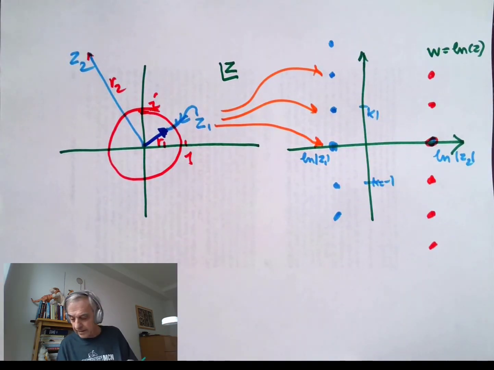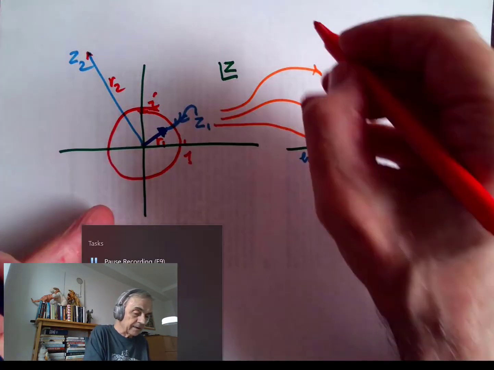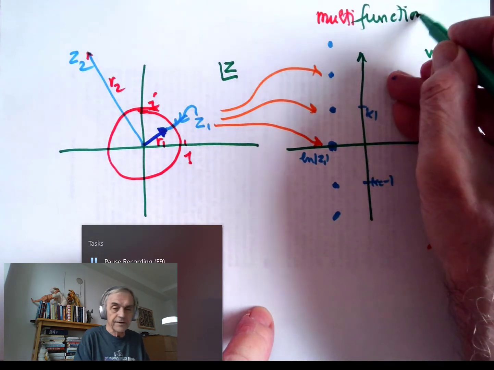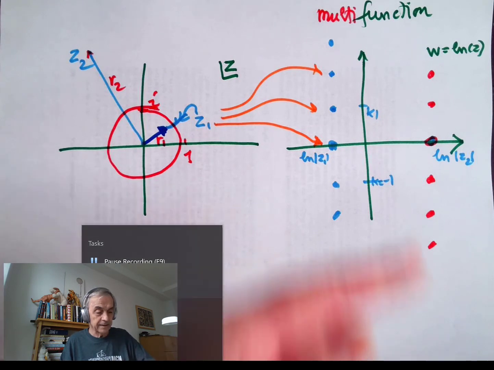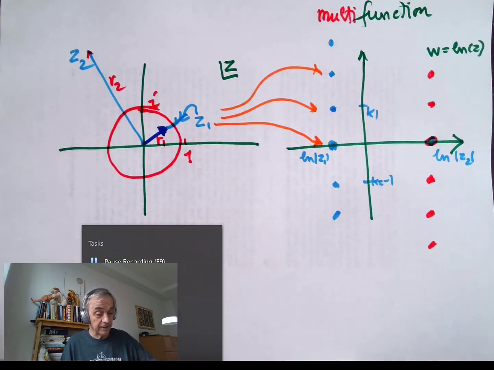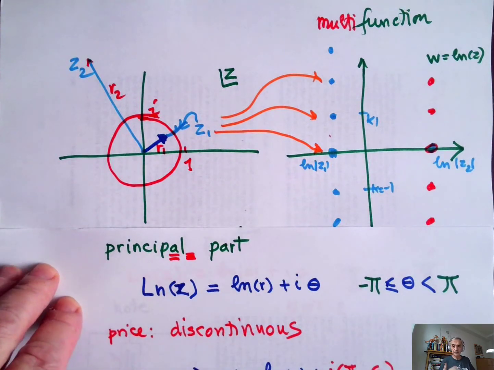A logarithm takes infinitely many values. So logarithm is really a multi-function. For example, a root takes 2 values, there are 2 numbers squared that give me a given z. But a logarithm has actually infinitely many values. So it is inconvenient to have a function that has infinitely many values.